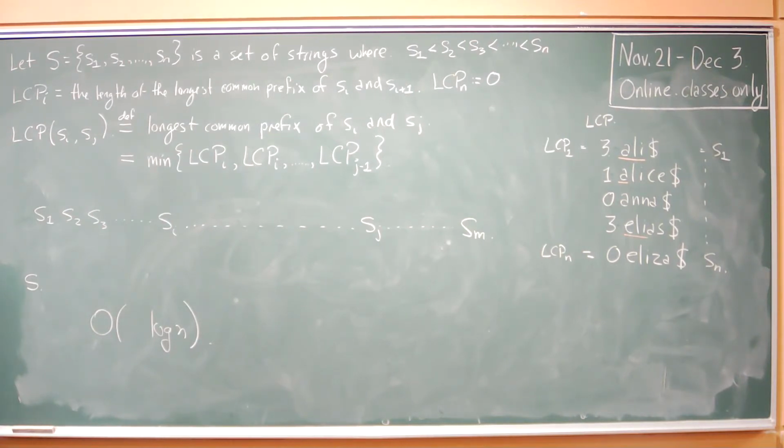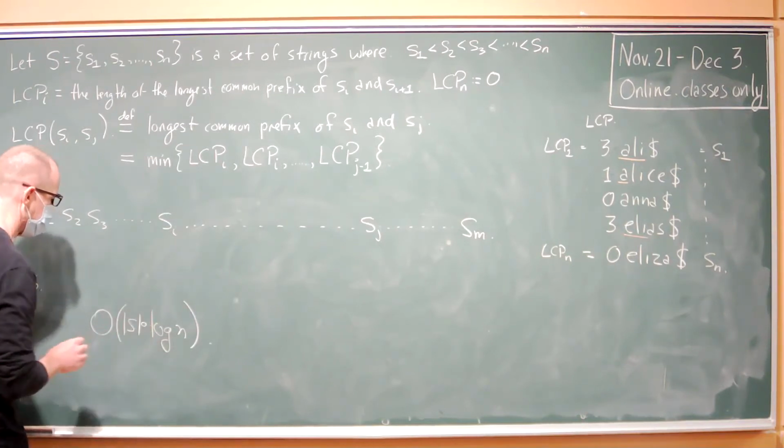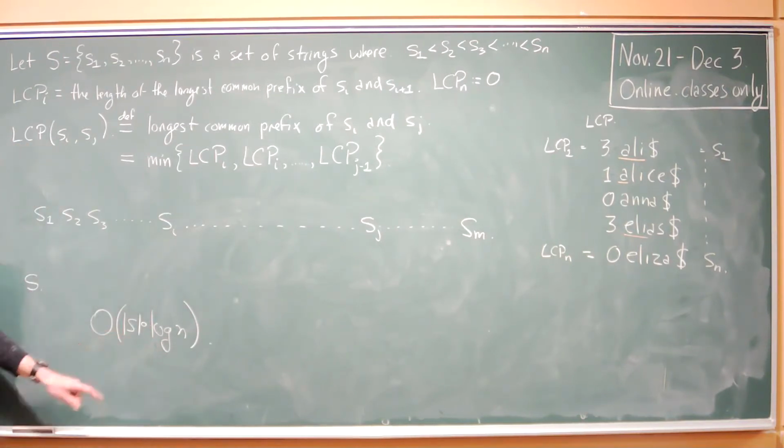In fact, it's exactly the length of their longest common prefix plus a constant. So you have to do exactly one more comparison than that. And the only thing you can say in general is that the size of that comparison is at most the size of S. So you get the size of S times log n.